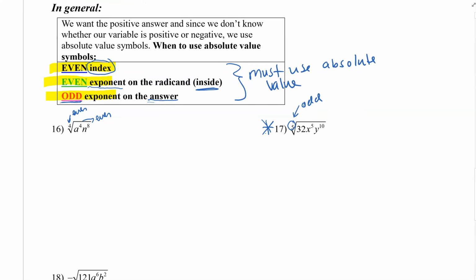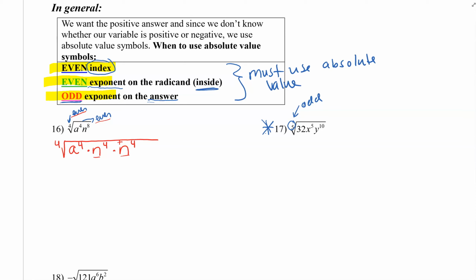So 16, we're definitely going to need it because I have even index, even powers, and I can see one of those powers is going to reduce to be an odd. So I'm going to do this the long way and then I will show you the short way. But I can say that a to the fourth is already an index-sized group, okay? n to the 8th I could write as n to the 4th times n to the 4th, because when you multiply same bases, you add the powers, and 4 plus 4 adds to 8.